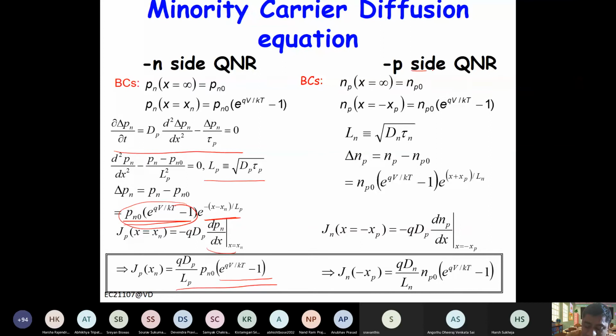Similarly, you can do it for the P side. On the P side you have the diffusion length, which is root of D times tau, with the diffusion coefficient for electrons and the minority carrier lifetime for electrons, and for delta np we again have some expression. Now you notice here the injected carriers on the N side are pn0 exponential qV by kT.